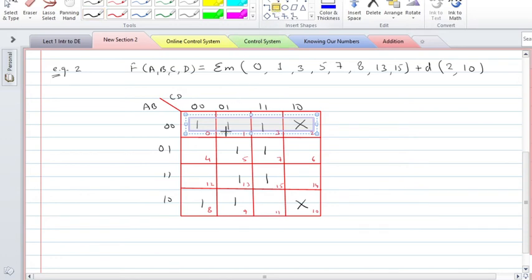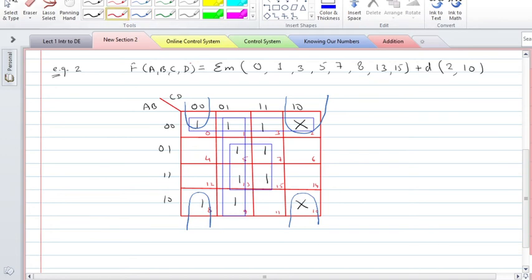Okay, another group of 4 cells is this one, another group of 4 cells is this one, okay, and another group of 4 cells is this one, that is considering the corners. So there are 4 groups with 4 cells.